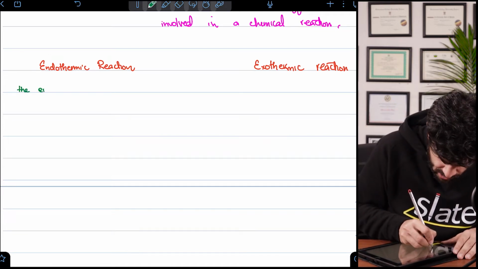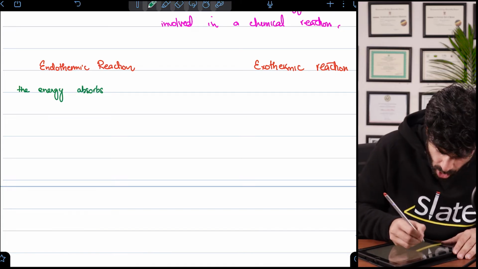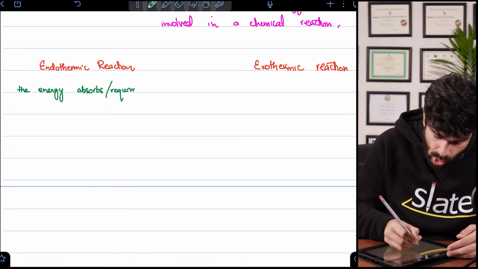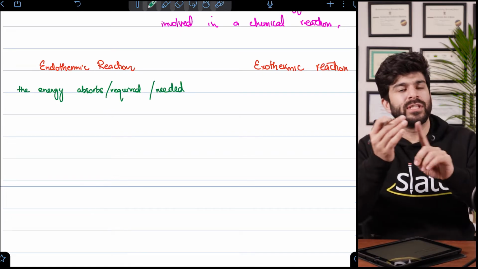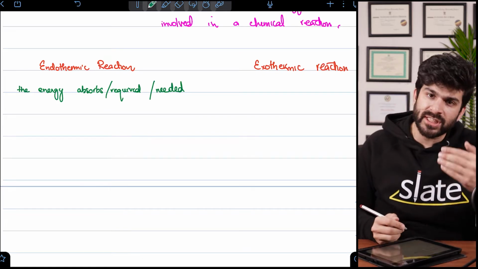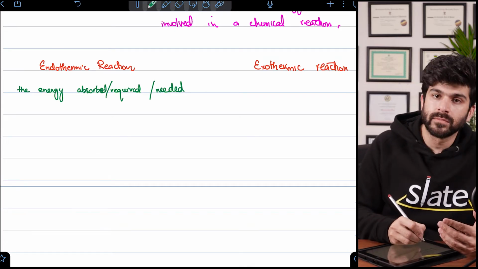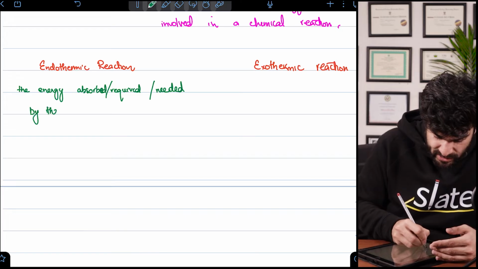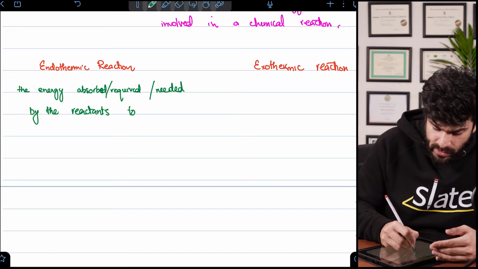The energy absorbs or is required or is needed. You can get any of these terms in the exam. The energy is absorbed, required, or needed by the reactants to proceed forward.